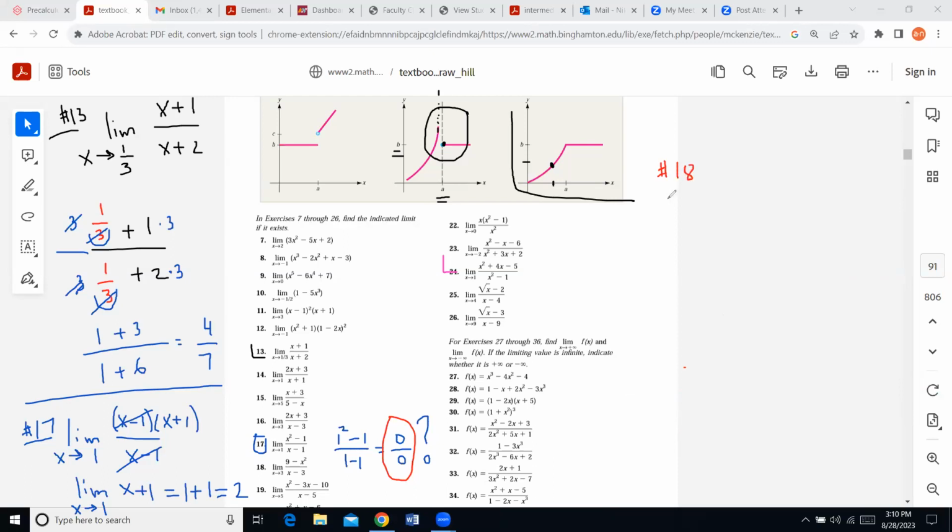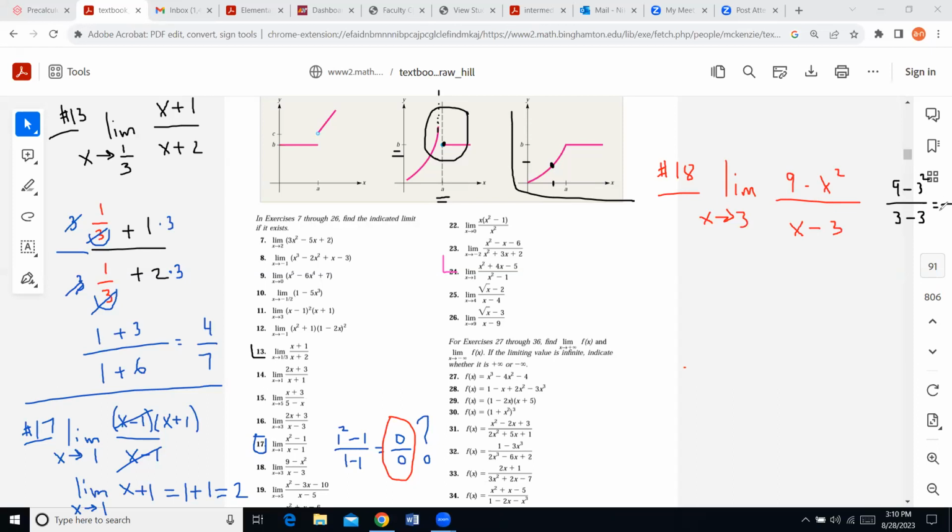So in exercise number 18, you look for the limit where you have 9 minus x squared on the top, and on the bottom of this fraction is x minus 3, and x approaches 3. It looks like I get again 0 divided by 0, because it'd be 9 minus 3 squared on the top, and 3 minus 3 on the bottom.